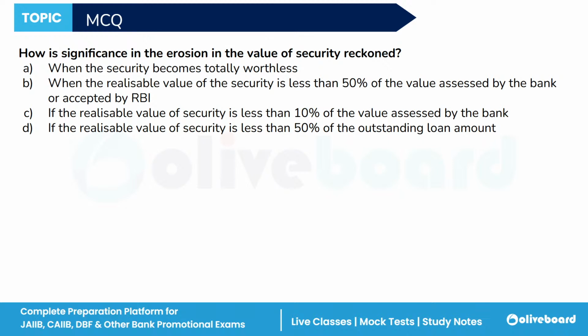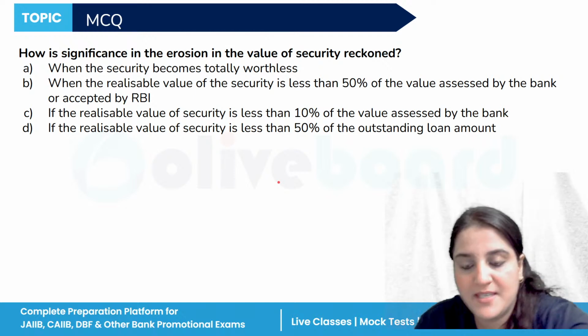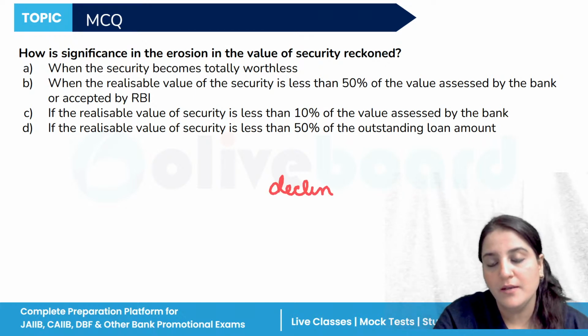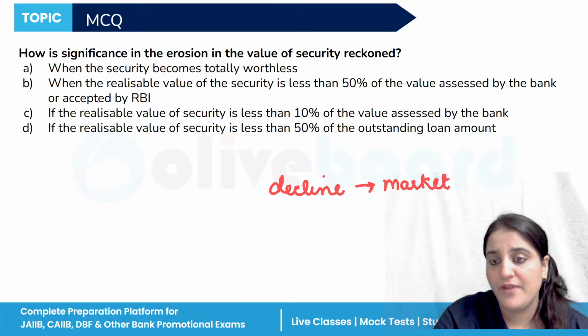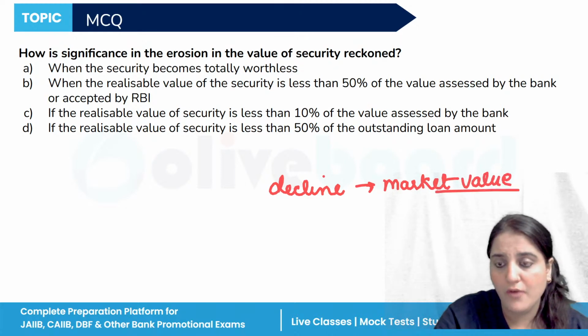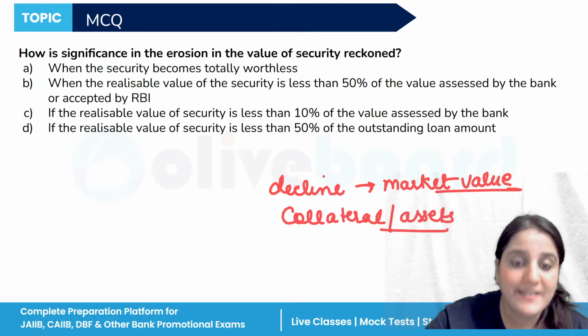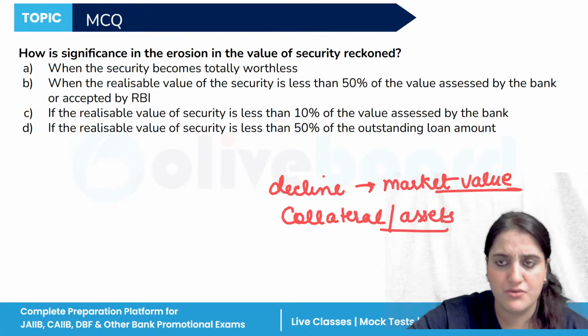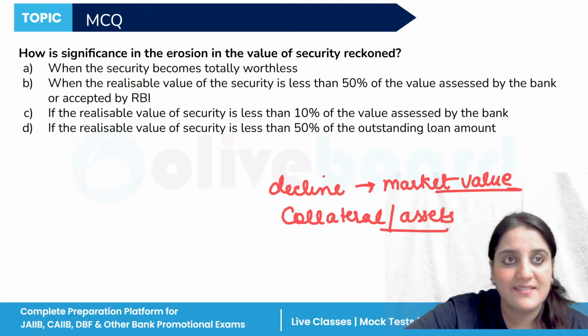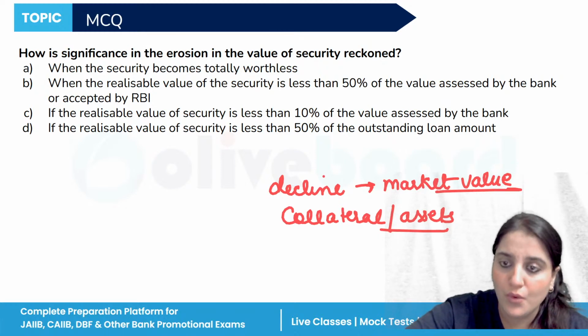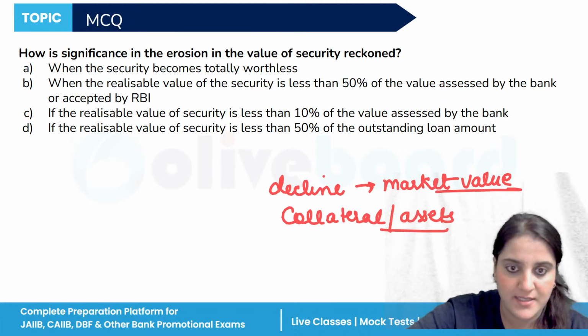Erosion in the value of security refers basically to the decline in the market value of collateral or assets that a lender or financial institution has accepted to secure a loan or credit facility.